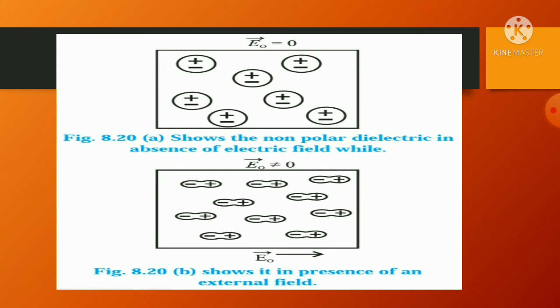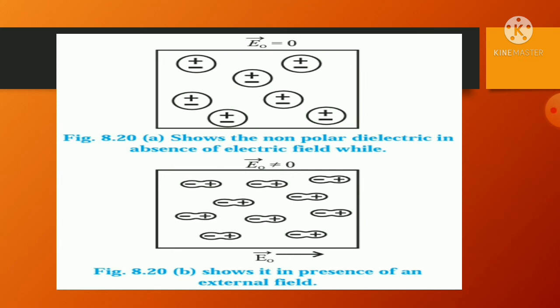But whenever a non-zero external electric field is applied, all non-polar molecules take a dumbbell shape and polarization forms, that is, a positive charge and a negative charge in a dumbbell shape, nearest to each other but slightly separated.